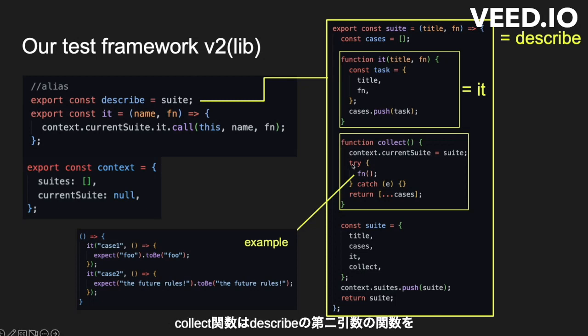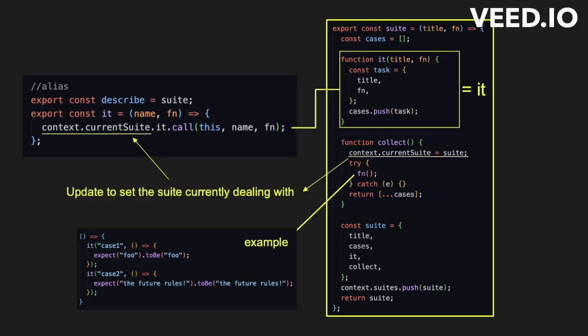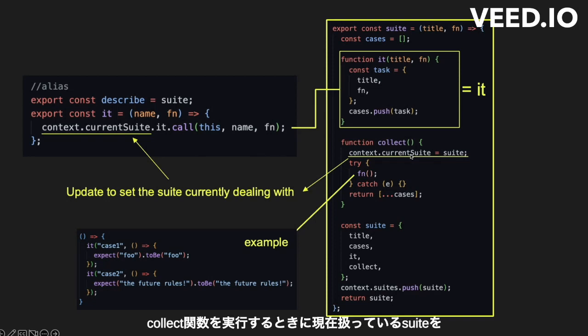The function collect is for running the second argument of the describe. It means that this is for running the it function inside the describe. This function will be used in runtime later. The function it should refer to this function inside this suite object. While running collect, it is updated to refer to the suite currently being dealt with.